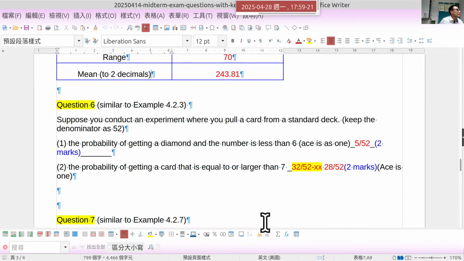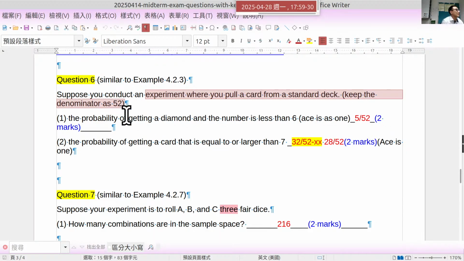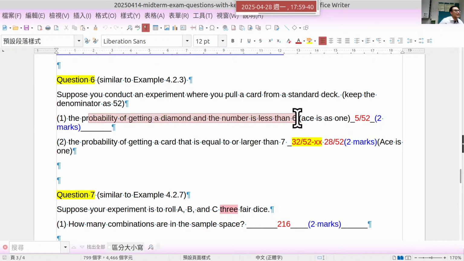Question number 6. Suppose you conduct an experiment where you pull a card from a deck. Keep the denominator as 52. Okay. The first one, the probability of getting a diamond and the number is less than 6, Ace is always the 1. Let's check it here.